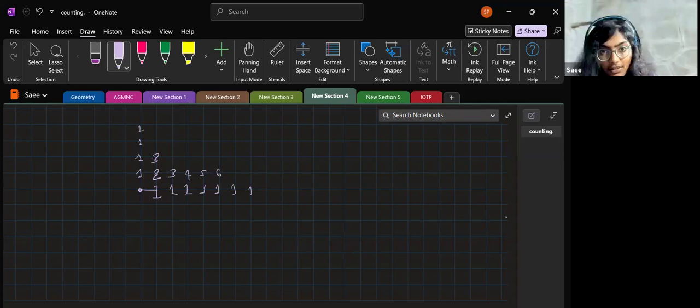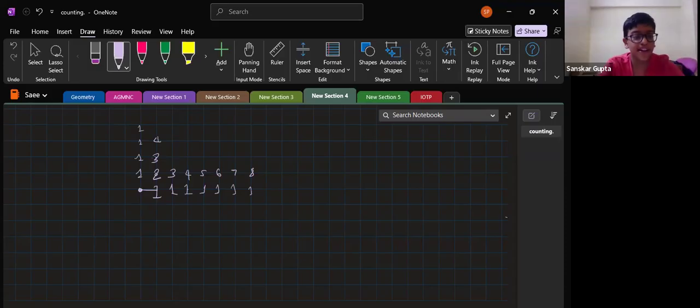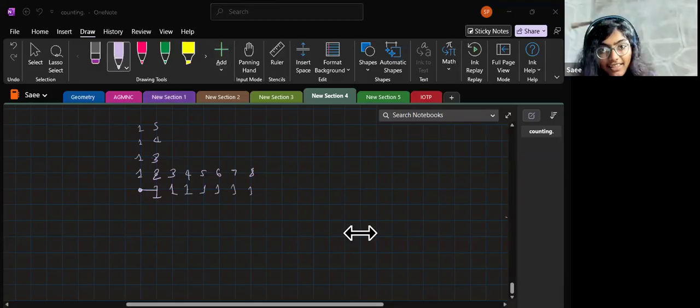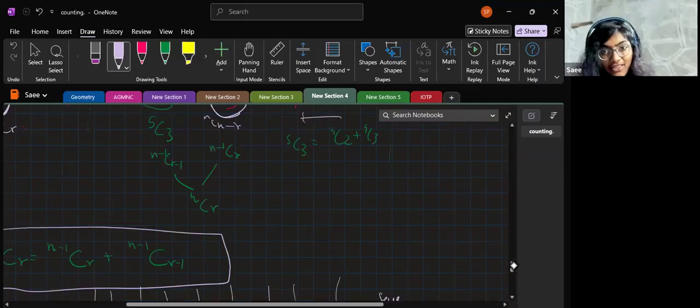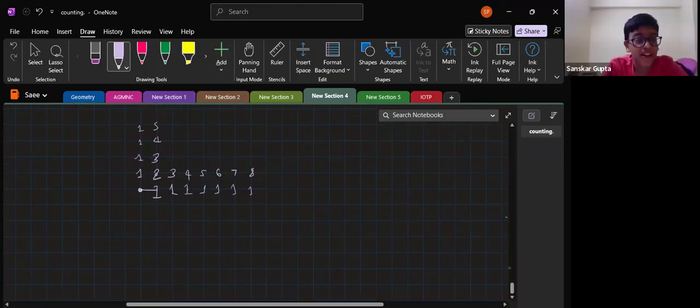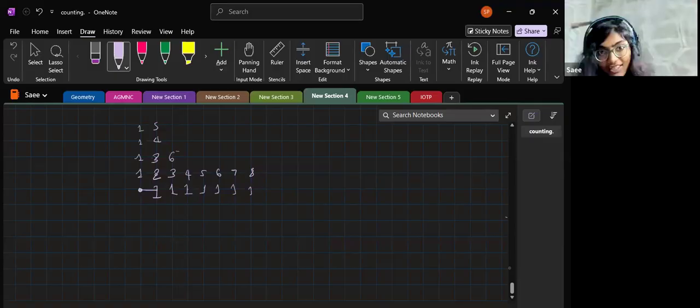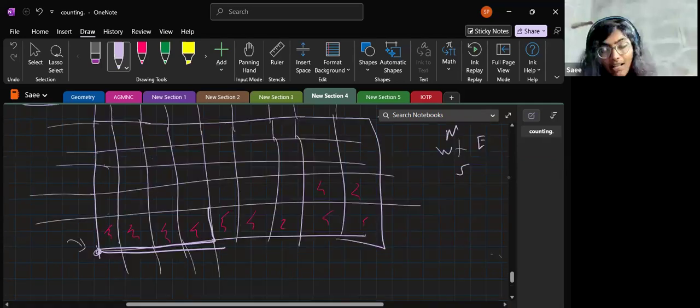This is a nice pattern: 6, 7, 8, 9, and so on. It's just the Pascal triangle tilted 45 degrees. That's quite neat. Pascal's triangle is coming up everywhere. Why is it coming up in powers and now in Arnav visiting me? That is insane. And this will be 6, 10. Maybe this helps you come up with a story for Pascal's identity.